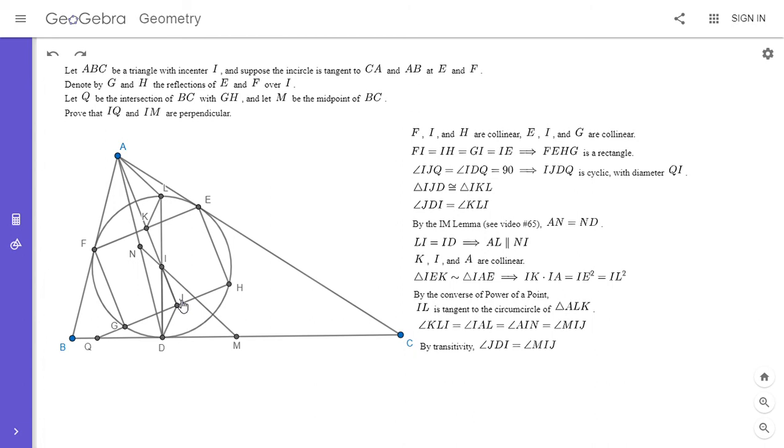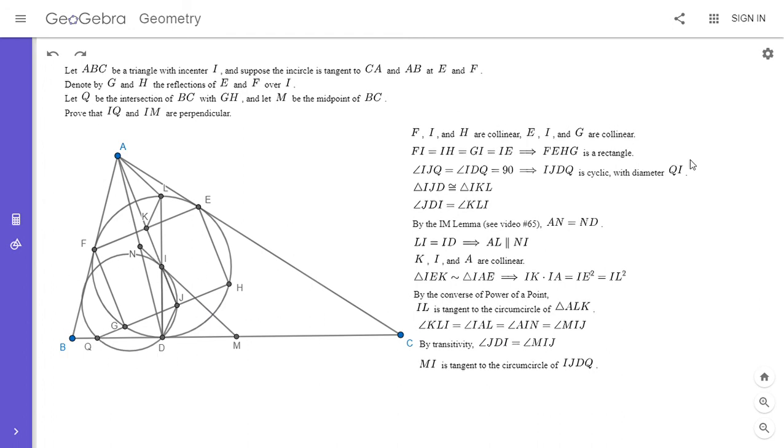and that means that MI has to be tangent to the circle we drew before. So if we draw IJDQ, then like we were trying to show before, since angle JDI is equal to angle MIJ, MI has to be tangent to that circle. This angle condition means MI is tangent to that circle.